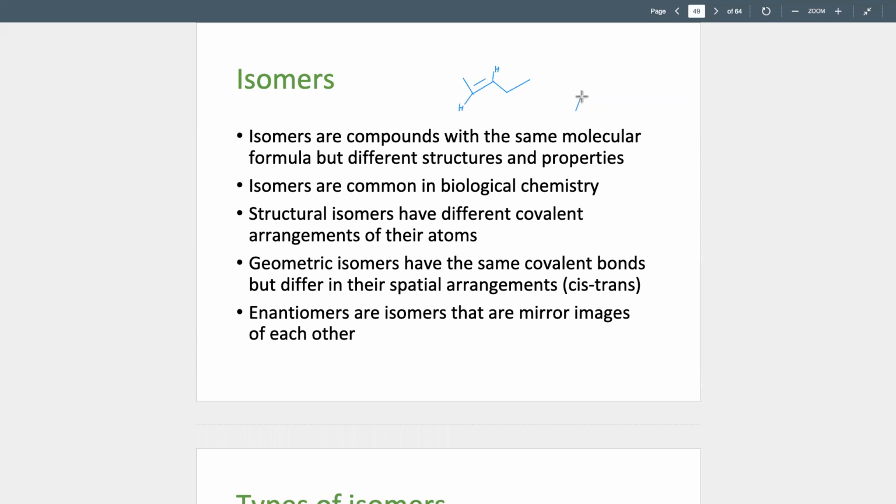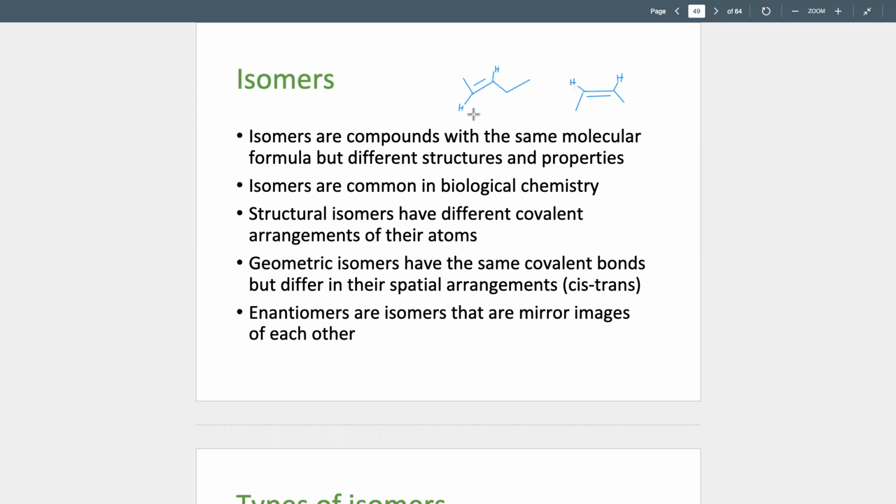But if you had a chain that looked something like this, there's the double bond there, and you got a hydrogen sticking up over here, and you got a hydrogen sticking up over here, that is cis, okay, because they're on the same side of the double bond.